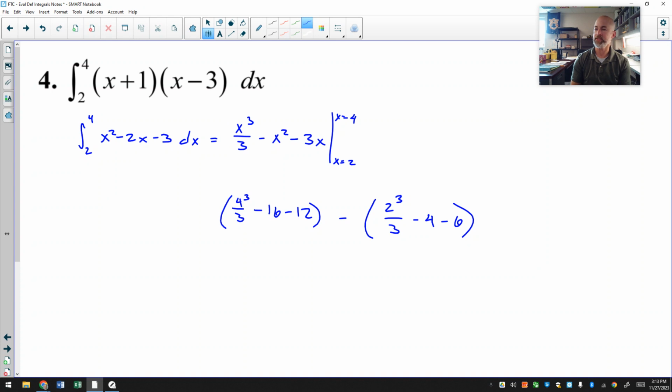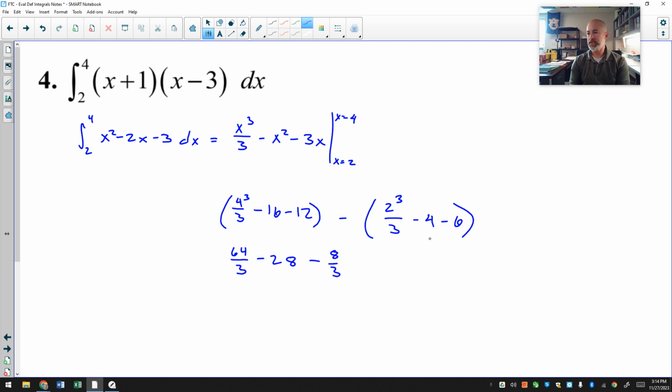And we'll start cleaning this up. And like I said earlier, if I have denominators that don't simplify easily, 4 cubed is 64. 64 is not divisible by 3. I'm just going to leave that as 64 over 3. I am not going to get a common denominator until I'm absolutely forced to. Negative 16 minus 12 is negative 28. Minus 2 cubed is 8 over 3.